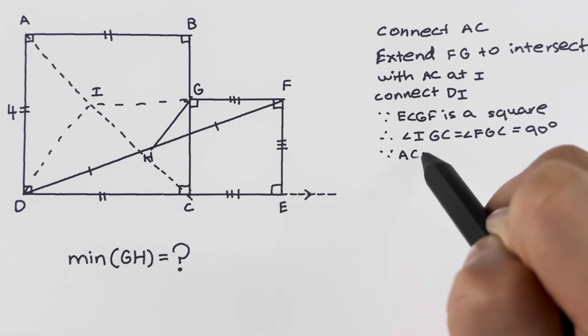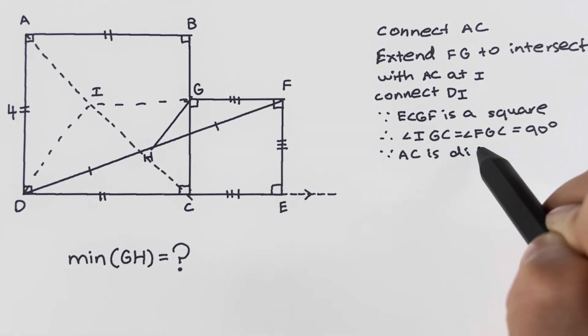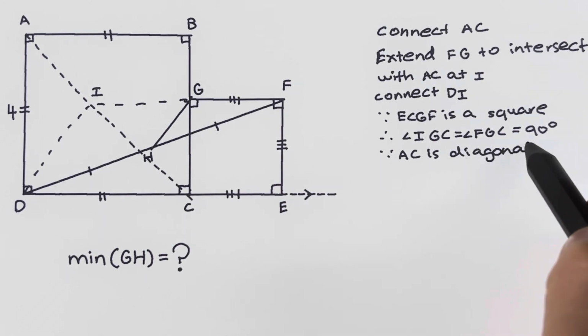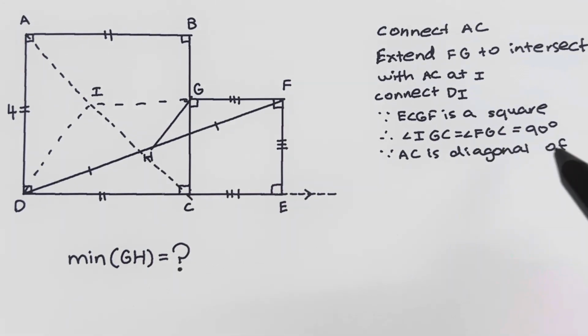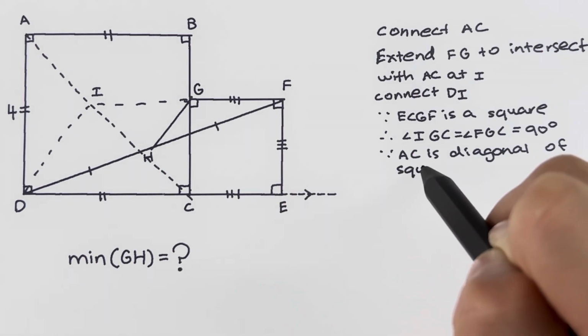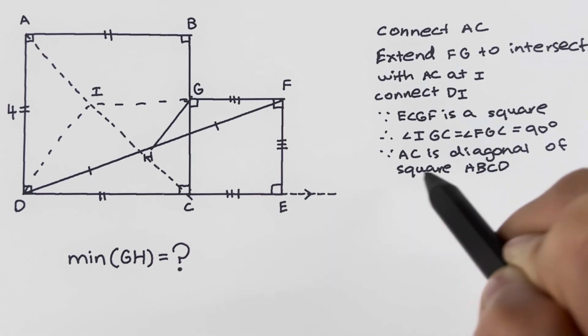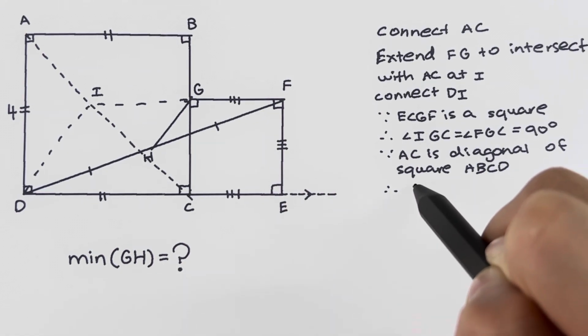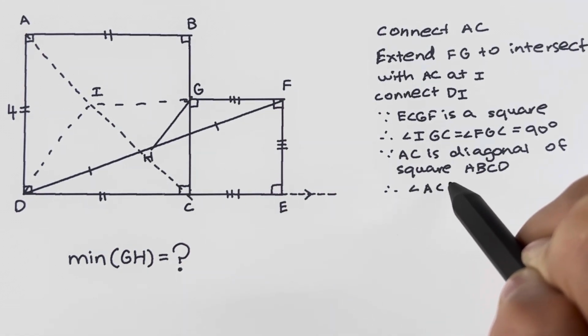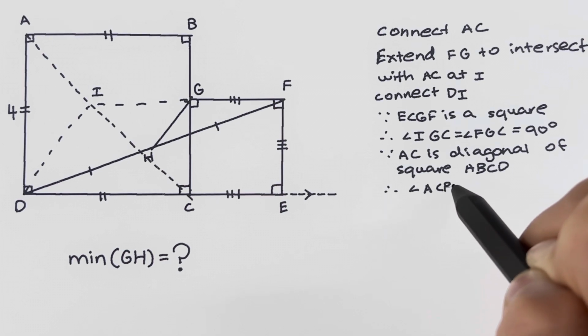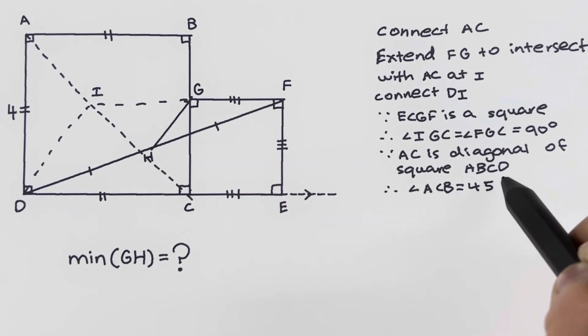Since AC is the diagonal of square ABCD, angle ACB equals to 45 degrees.